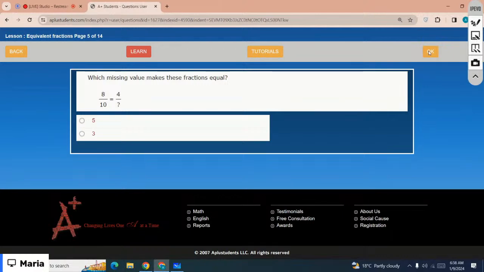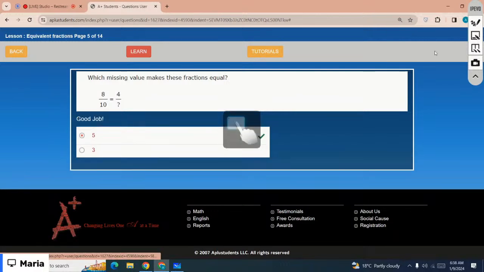Actually, the correct option is 4 out of 5. We divided them by 2. So that is 4 out of 5.